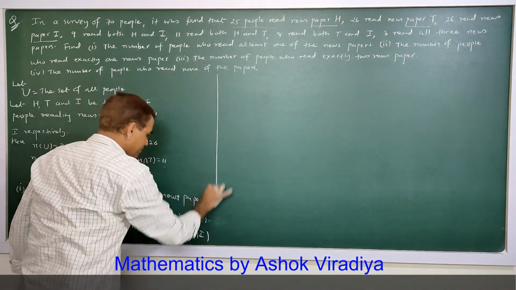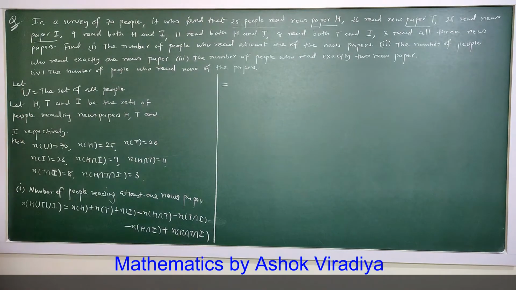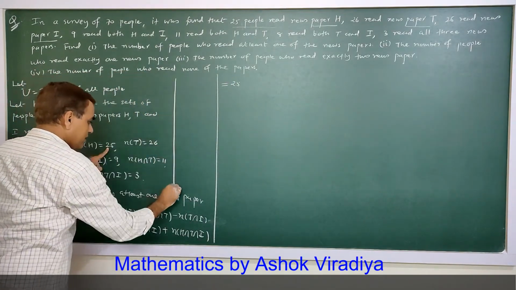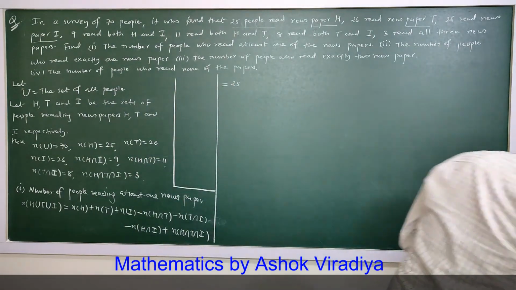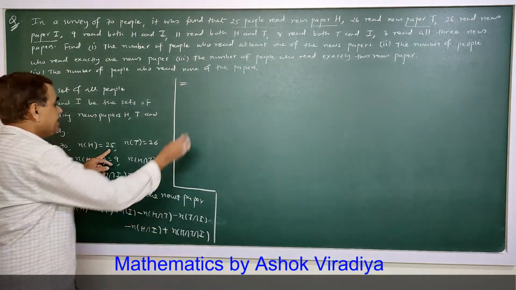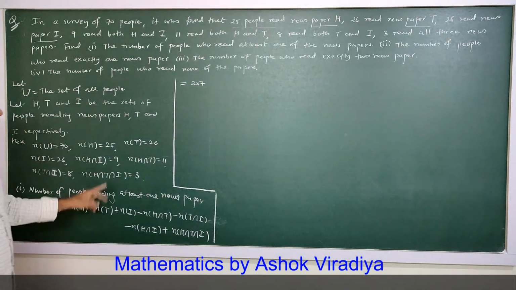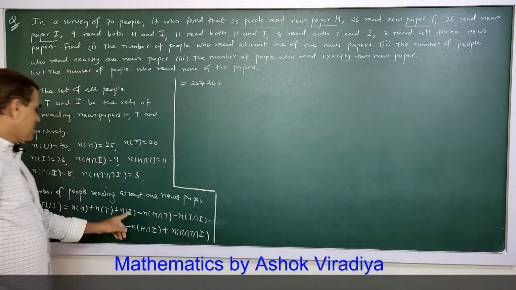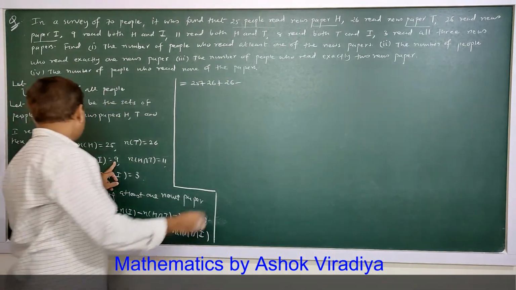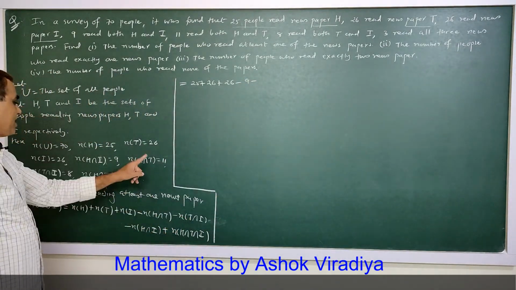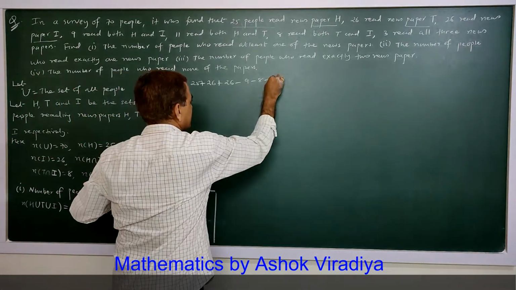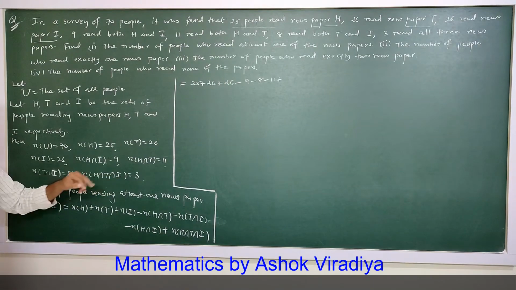So putting these values, this is equal to N of H is 25, N of T is 26, N of I is 26, minus H intersection T, that is minus 9, T intersection I 8, H intersection I 11, and plus intersection of these 3, that is 3.